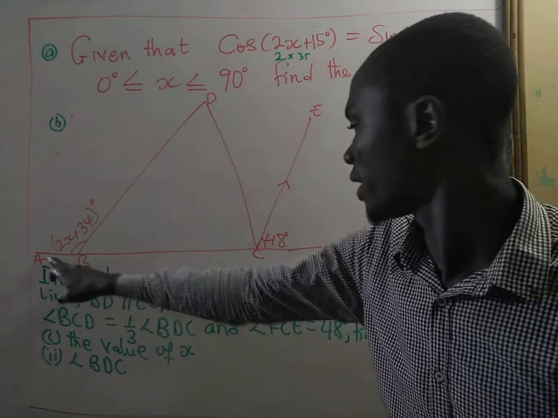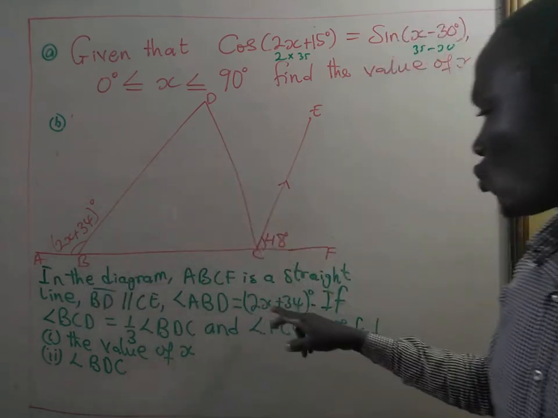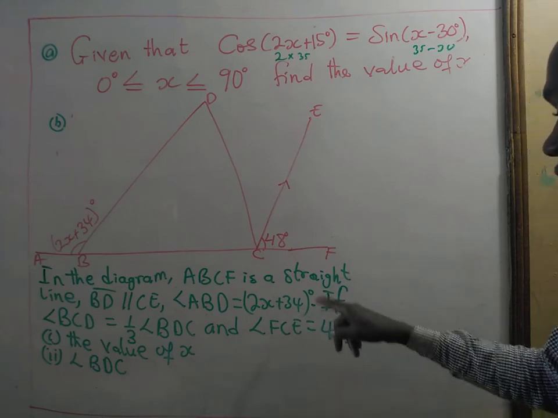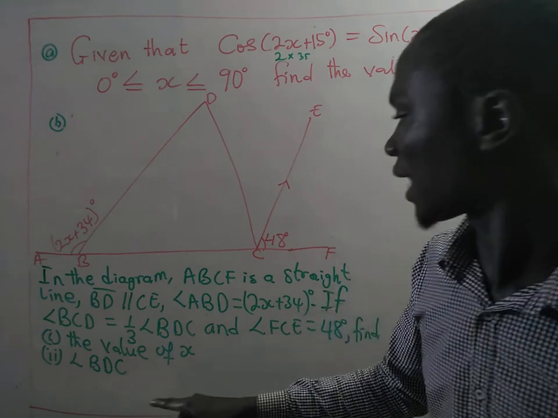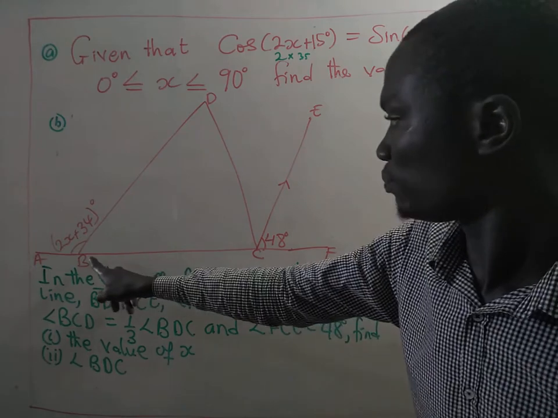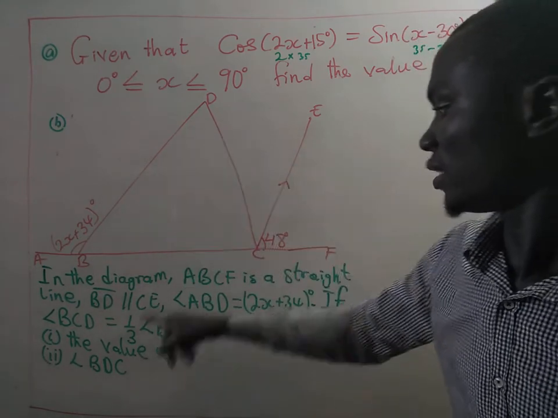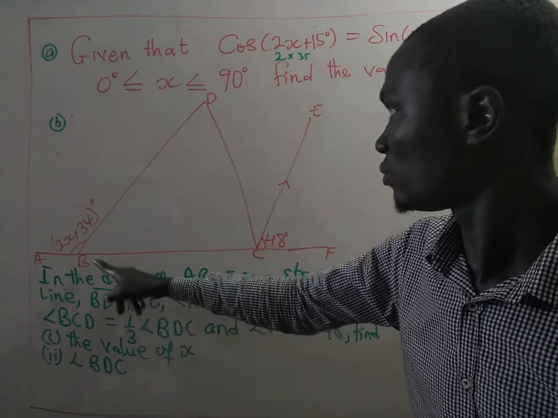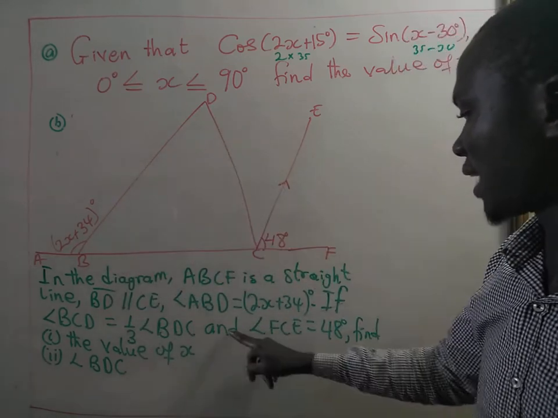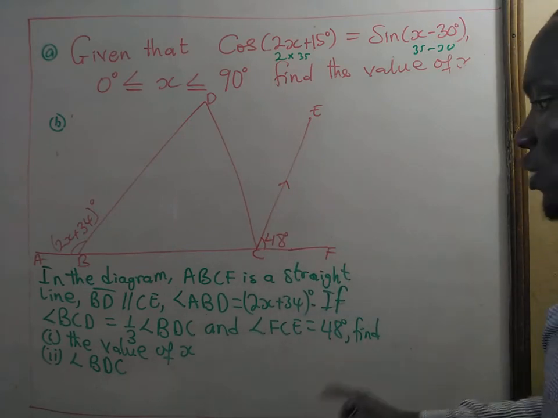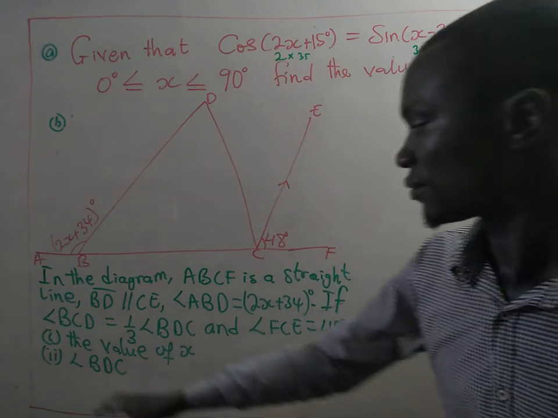Angle ABD equals 2x plus 34 degrees, angle BCD equals 1/3 of angle BDC, and angle ECF equals 48 degrees. You have to find the value of x.